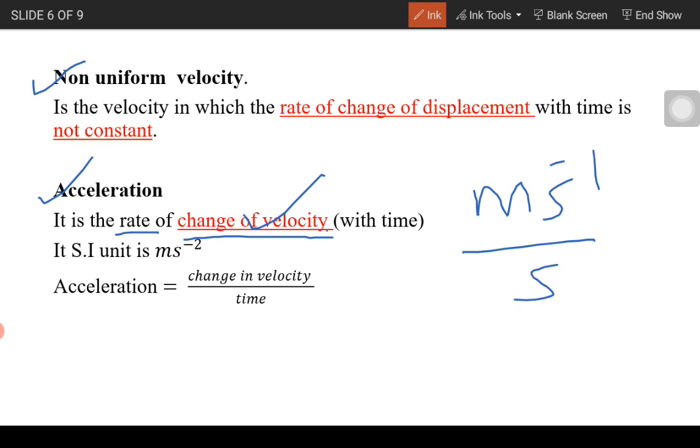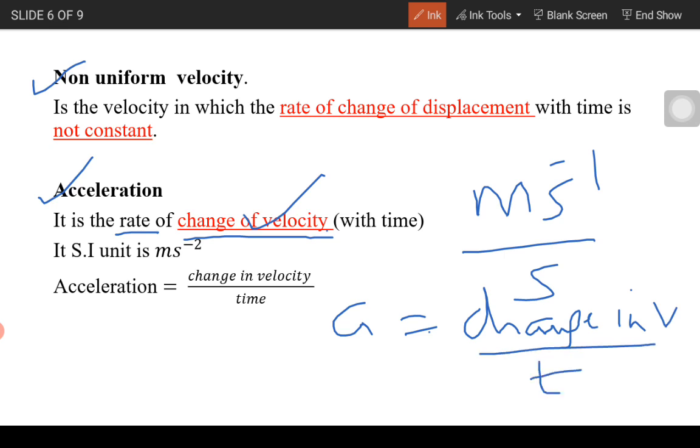Divided by time, because acceleration is change in velocity divided by time. It is captured there. So velocity is meters per second, divided by a second. When you do the mathematics, this results in ms negative 2.